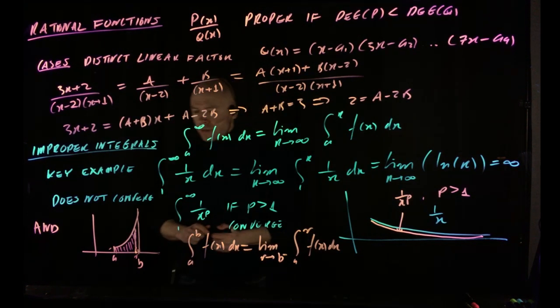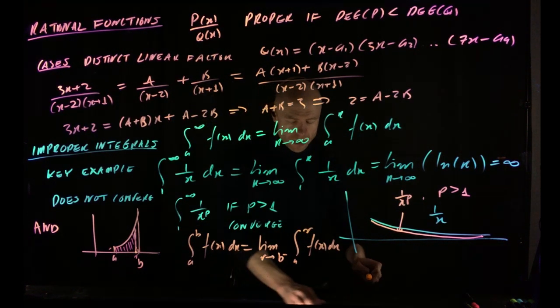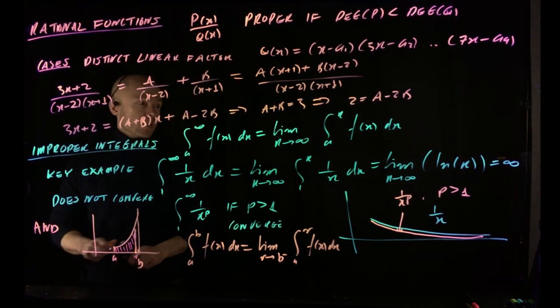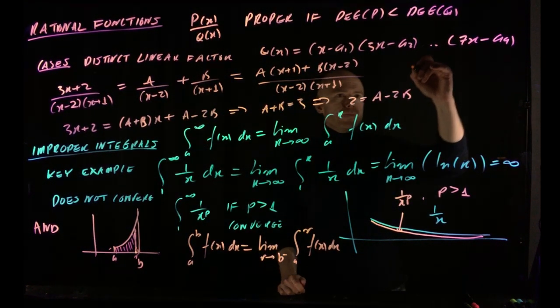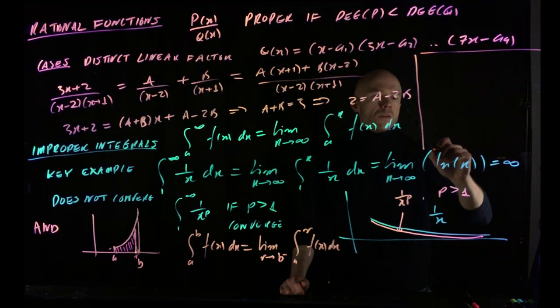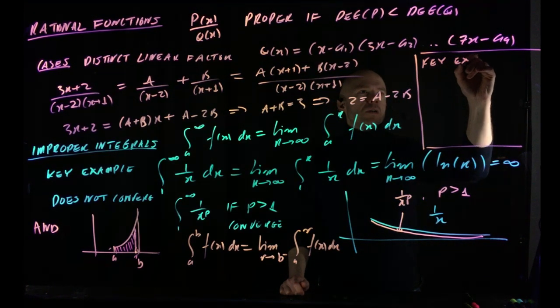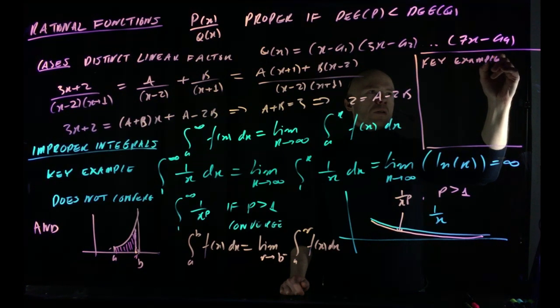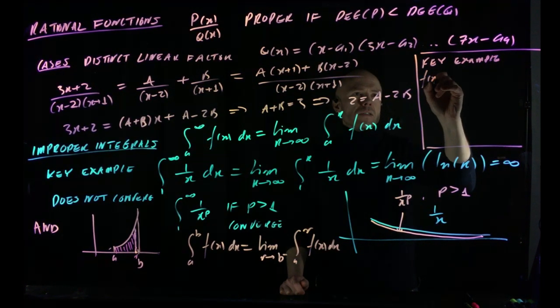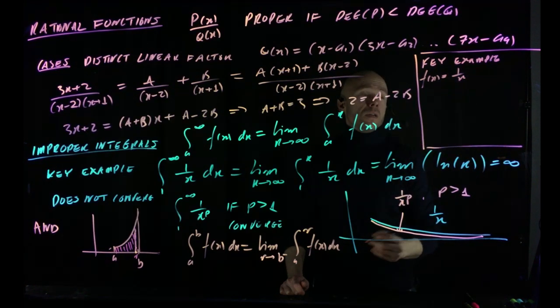And again, there's a key example, and the key example is again 1 over x, right? Running out of space, put it over here. Key example: f of x is 1 over x.